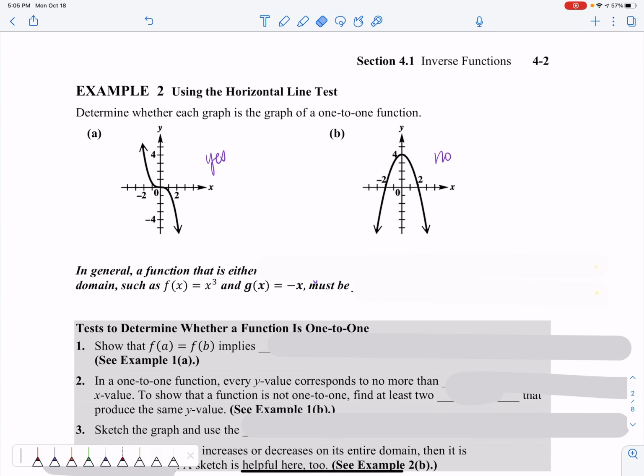So in general, a function that is either completely increasing or completely decreasing over the whole entire domain is going to have to be one-to-one. Some examples of this would be our cubing parent or the line y equals negative x. Both of those are either completely increasing or decreasing over the whole domain.